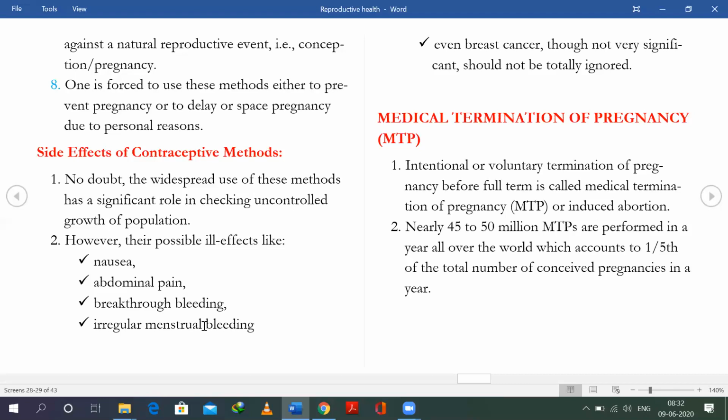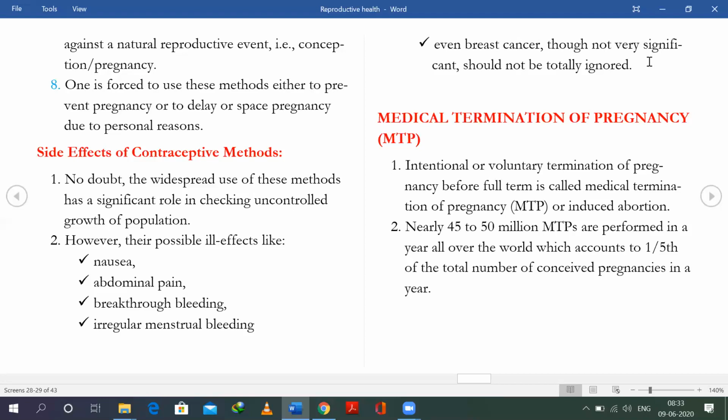And irregular menstrual cycles. We have irregular menstrual bleeding because we are altering the normal course of function of the hormones. As a result of that, the menstrual cycles will become irregular, and sometimes even as severe as breast cancers might develop, right?